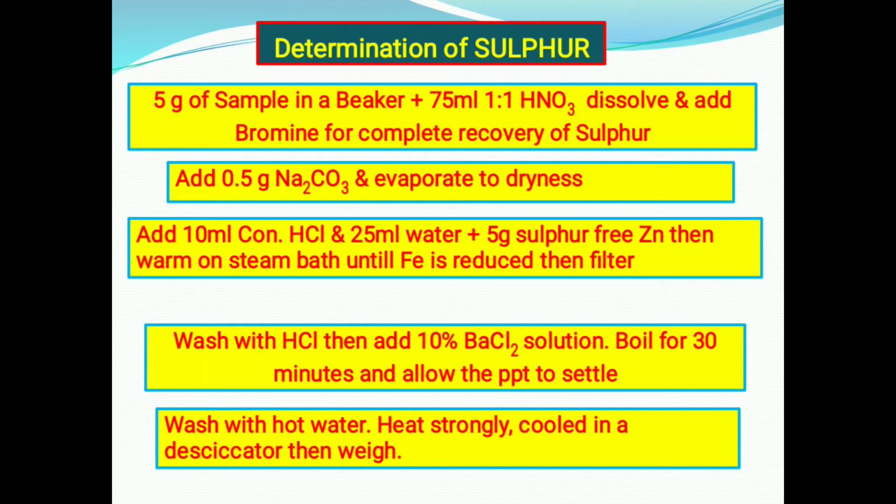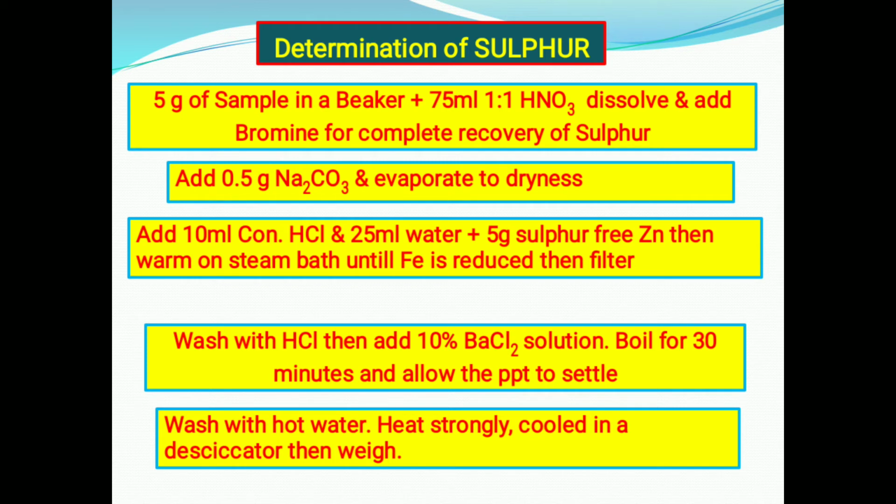Then dissolve it in HNO3. As we know, HNO3 is a powerful oxidizing agent, so the sulfur will be converted into sulfate. So it dissolves the sample, and at the same time it oxidizes the metals in it.